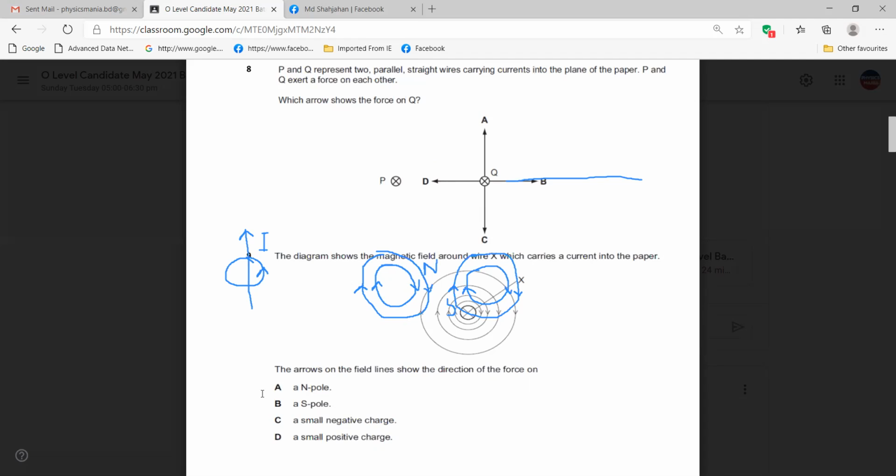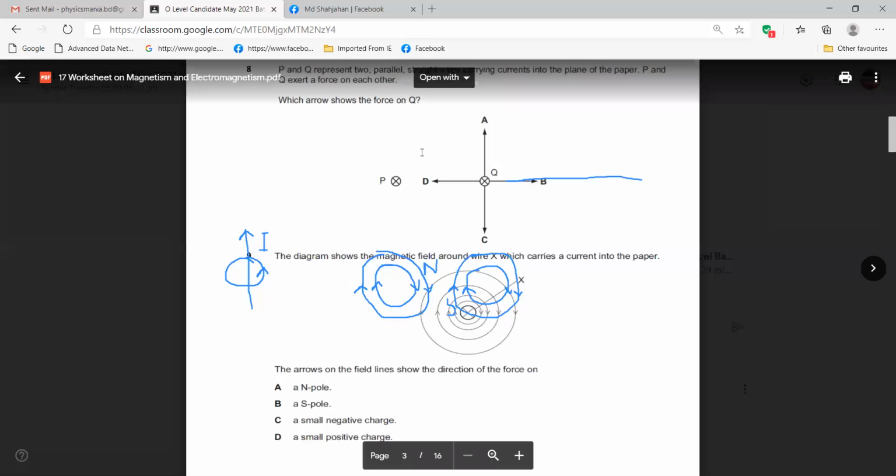Wait, sir, and these shells, what do you call the direction of current, right? Are these shells the direction of current? No, no. Which one? These circles, these small circles.